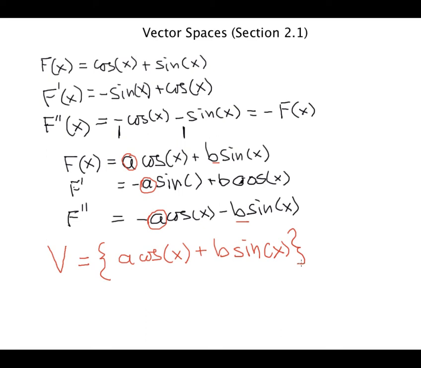So this is what I mean by a change of point of view. This is a very simple example. All I gave you was a differential equation, f double prime equals minus f, and out popped the vector space. You can write any solution to that equation as a linear combination, something times this function plus something times that function. And really all that matters here is that you have an a and a b.